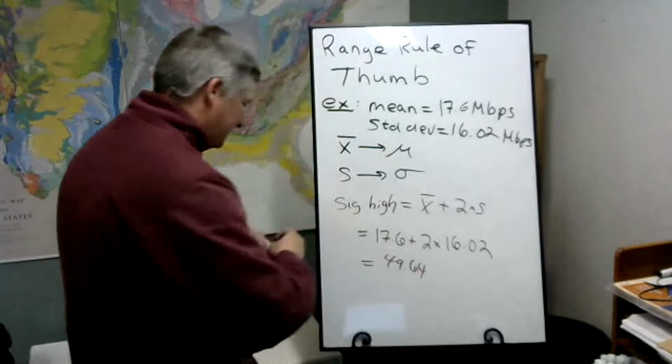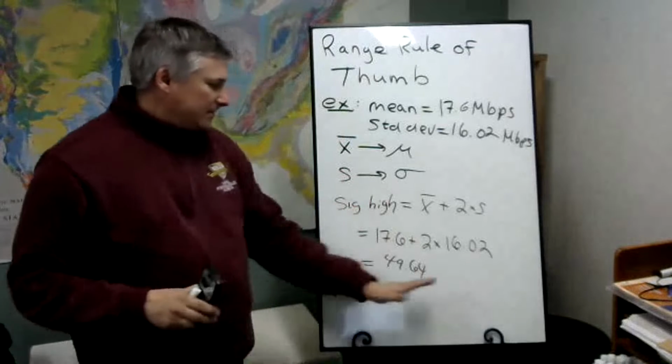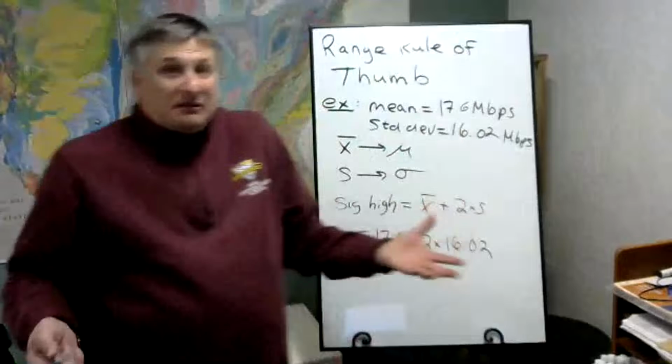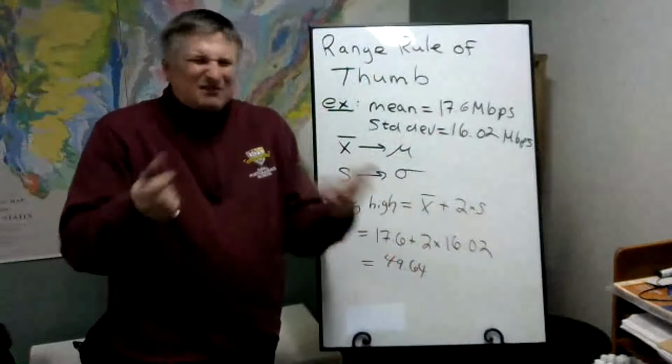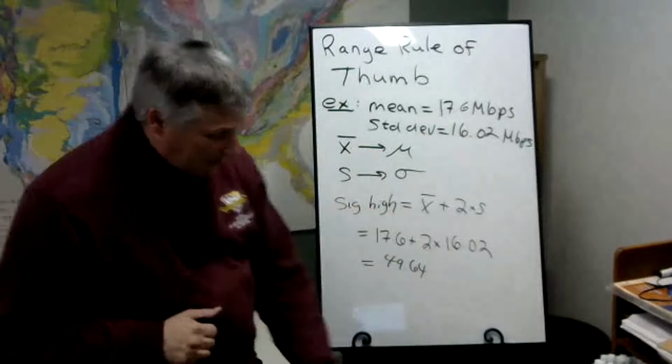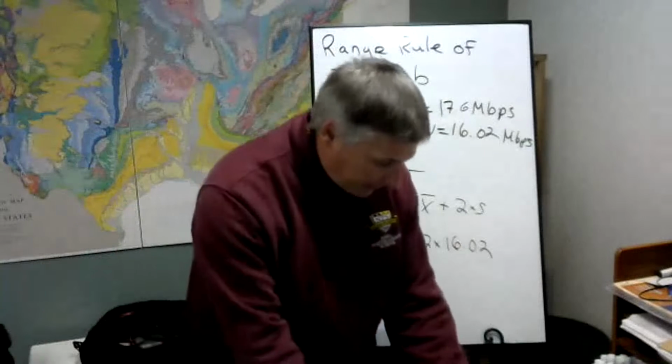If we get data that's above this, we're seeing something that is significantly different from the mean. Again, we'll talk more about what significant means later. So that's how we use this rule of thumb.